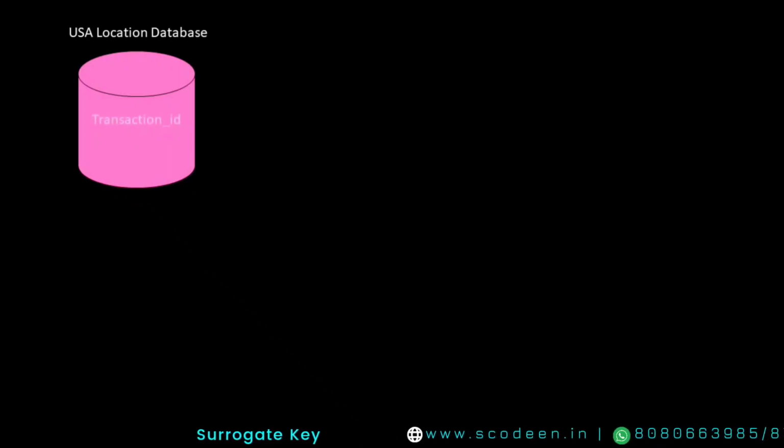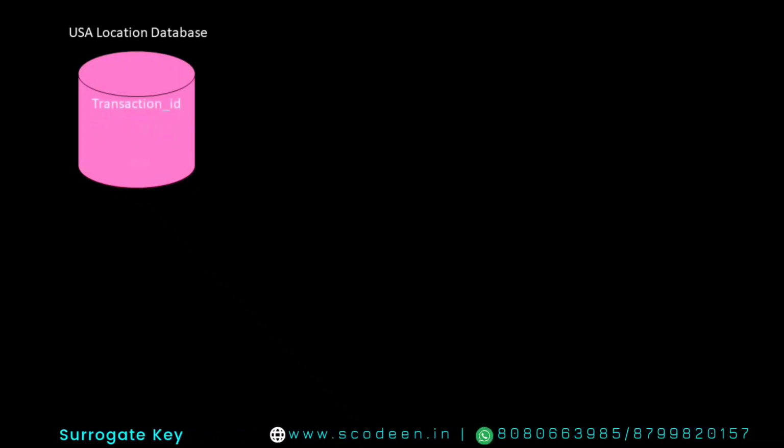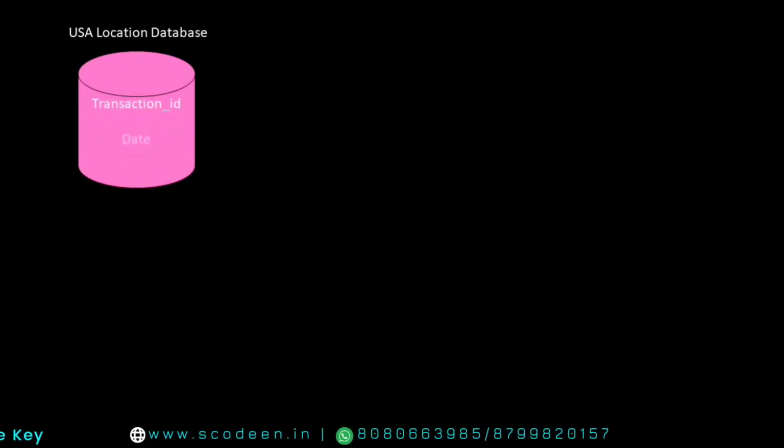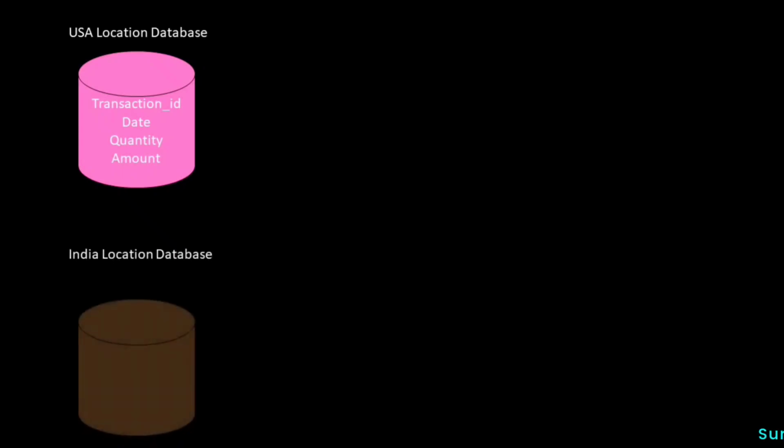Let's observe here the US location database, that is source system 1. It consists of transaction ID, date, quantity and amount. The India location database also has the same data; it consists of transaction ID, date, quantity and amount.